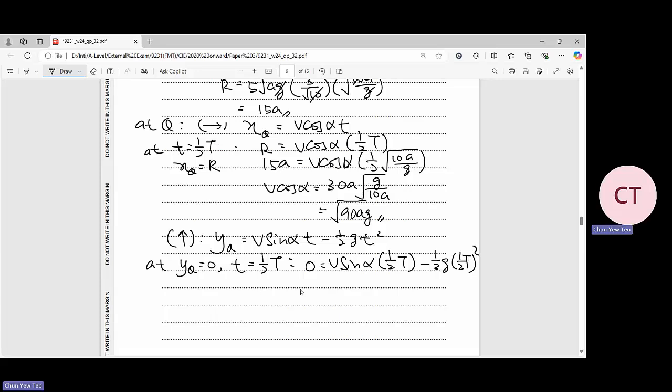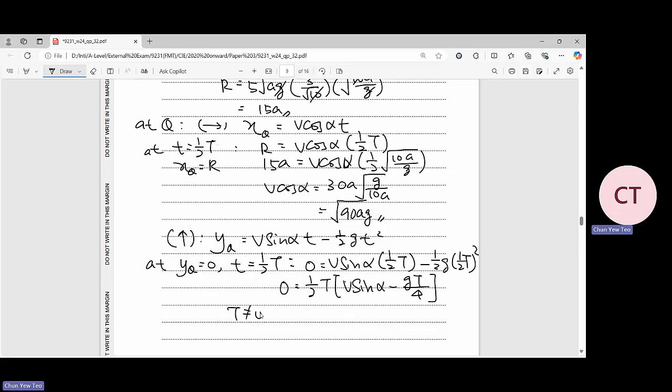If you simplify it, factorize the half t out, so you get v sine alpha minus g t over 4.